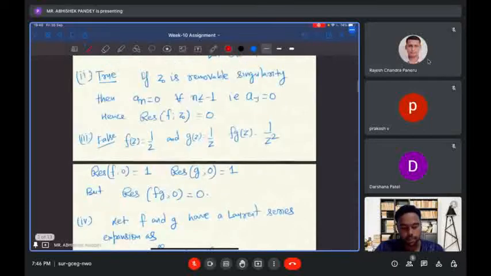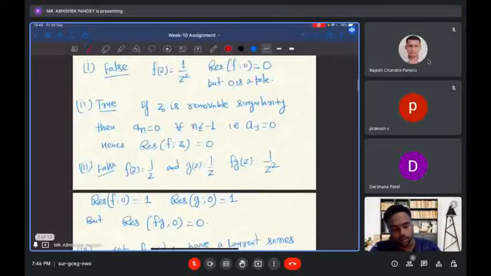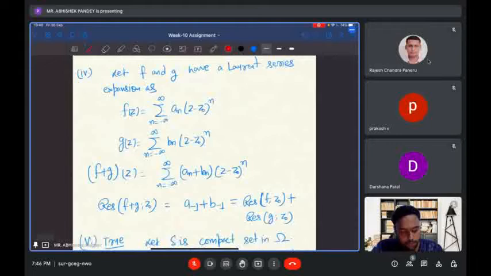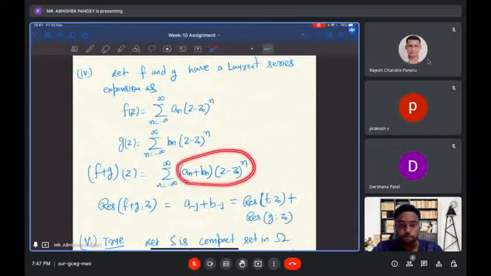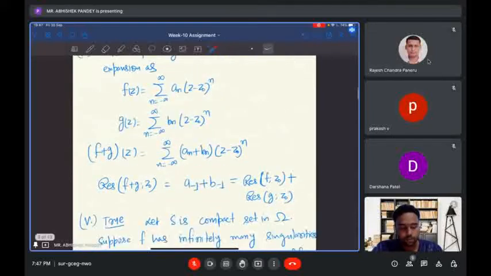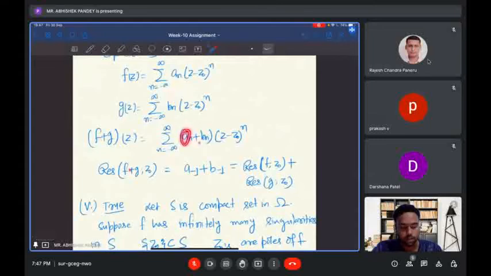Like for f plus g, the Laurent series expansion gets separated. So basically once you take f plus g, this Laurent series expansion you can separate in terms of an plus bn, where an is a coefficient of f and bn is a coefficient of g.